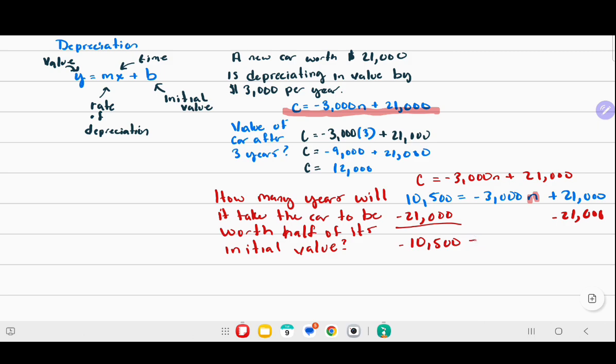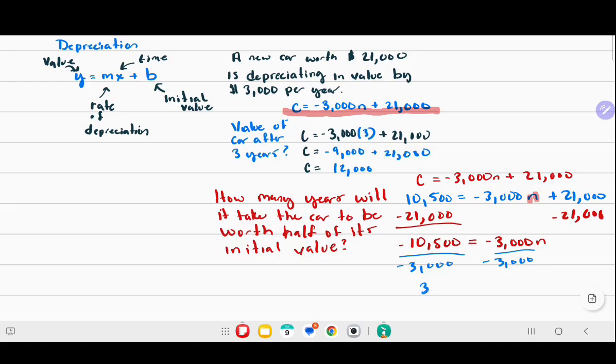Then we bring down the equal sign, bring down the negative 3,000 n, and we divide both sides by that coefficient, negative 3,000.